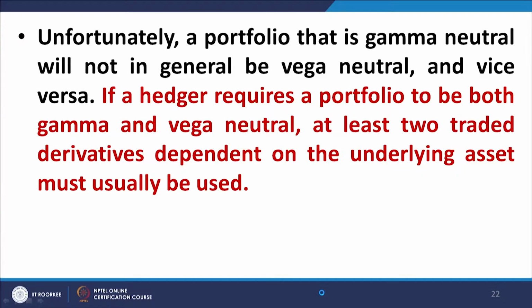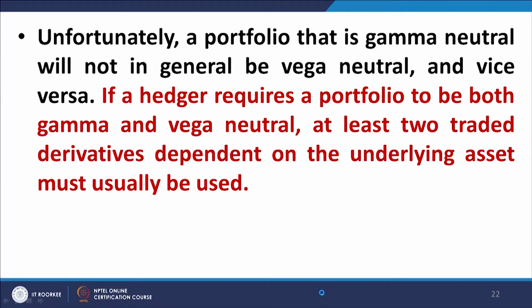If the delta is not 0, you take a position in the underlying asset, because the underlying asset is not going to contribute to Vega. The Vega of the underlying asset is 0. Therefore, either by taking a long or a short position in the underlying asset, we arrive at a delta neutral portfolio as well.